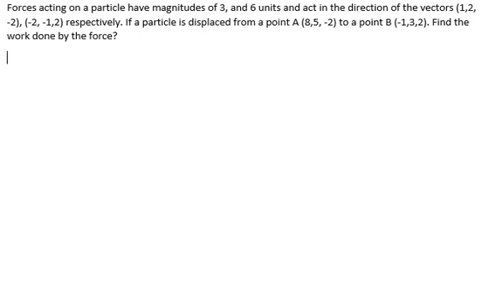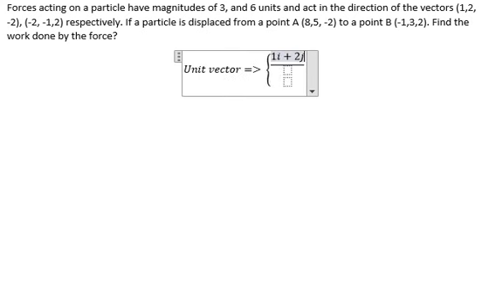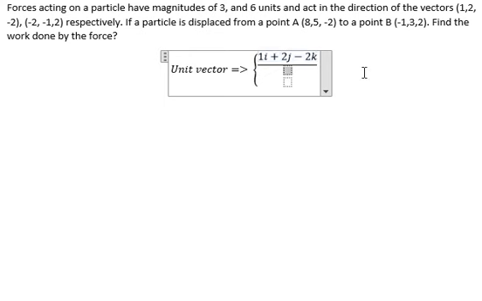We need to find the unit vector. We have two vectors here, so we find two of them. The first unit vector is about 1, 2, -2, that is 1i plus 2j minus 2k.